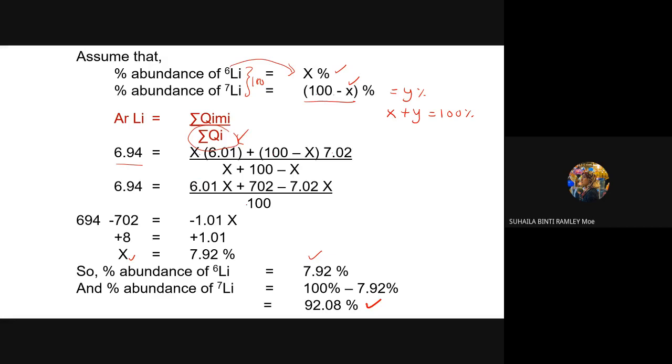Oh, this one, you just multiply like this. Sorry, this step I don't need to show, it's okay. What's important is you get the same final answer. The important step is this one: before calculating, we assume first. If you want to assume this one Y, then you need this equation, X plus Y equal to 100.